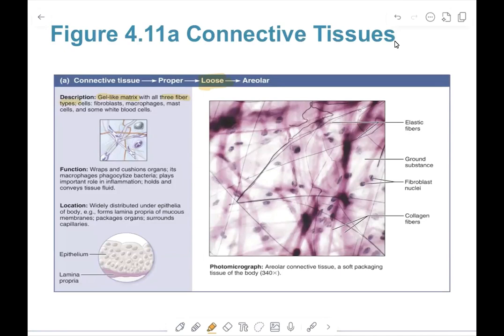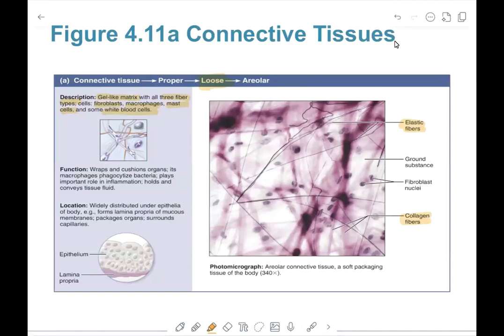So this is one of those exceptions where there are elastic fibers, collagen fibers, and there are some reticular fibers which aren't shown in this exact micrograph. But cells are things like fibroblasts, macrophages, mast cells, and some white blood cells, which have to do with the immune system, the lymphatic system, and fibroblasts are used to produce specific fibers.